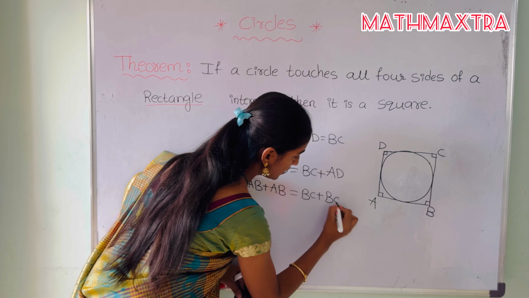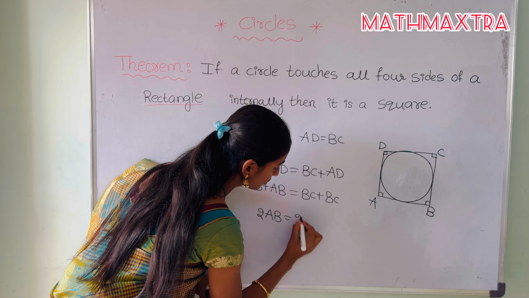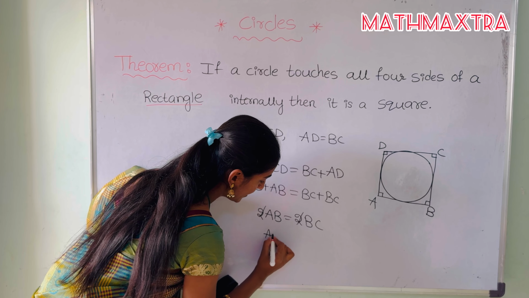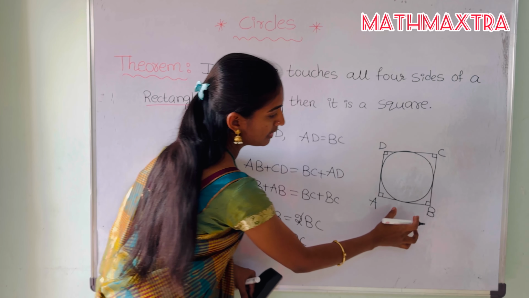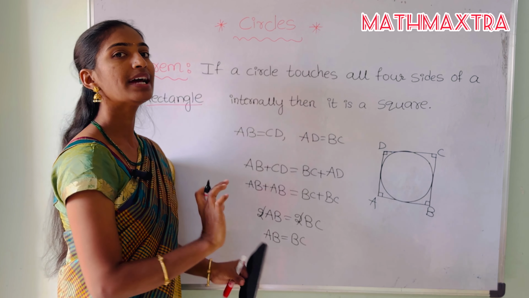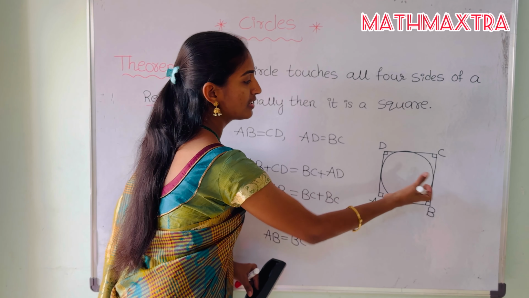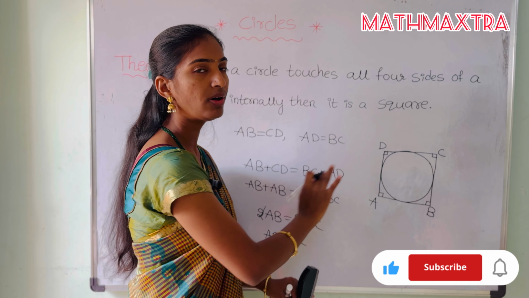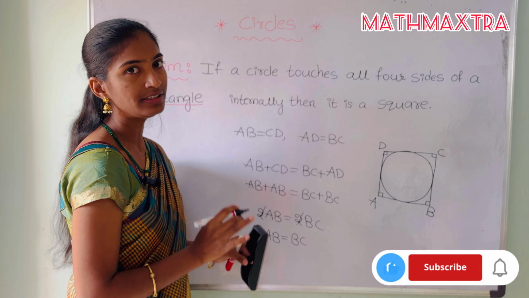So you will get 2AB is equal to 2BC. 2 gets cancelled, AB is equal to BC. AB is here, BC is here, and these are nothing but adjacent sides. So we have concluded that adjacent sides are equal and each angle measures 90 degrees. All angles are equal. We have this condition only in a square.